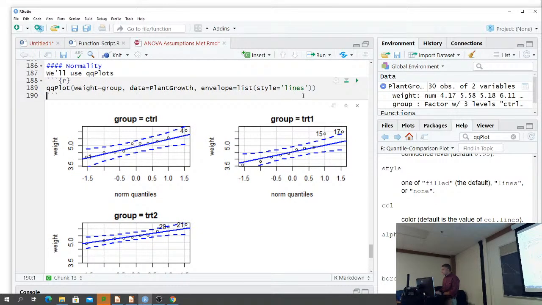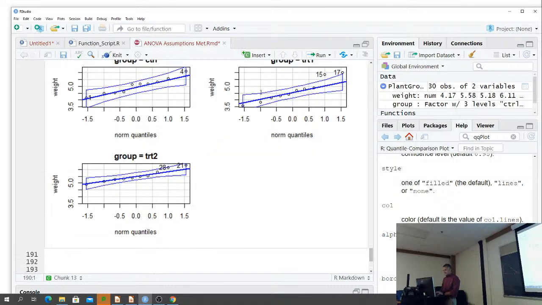Is that what yours looks like? Mine doesn't really keep the fill. Capital P? Did you load the car library? Yes. That one's okay, but it has the lines on the end. Yeah, hers was just the lines.